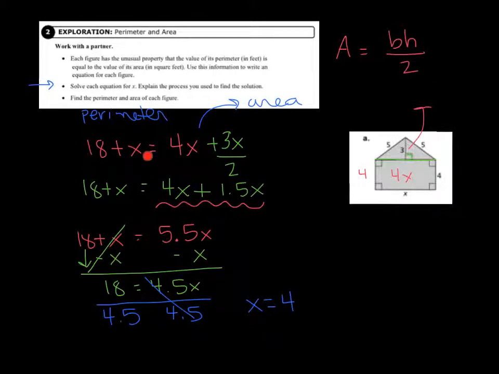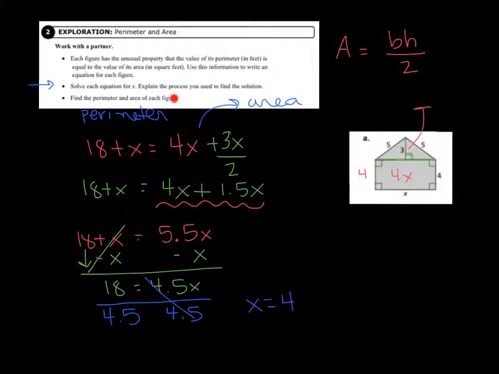I was able to set those equal to each other based on what they told me in that first bullet point. Then you're just explaining the process of solving an equation. So we're combining like terms, then we're using inverse operations to get our variable to one side, and then we used inverse operations to isolate that variable. So the opposite of multiplying was to divide. That's how we got this number.